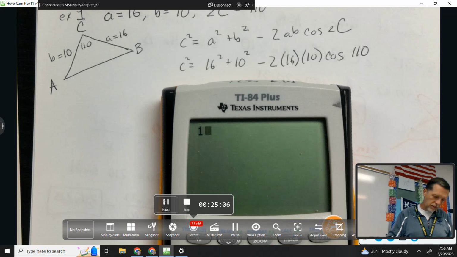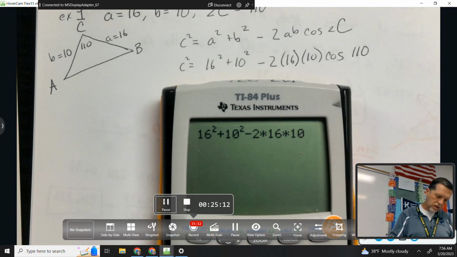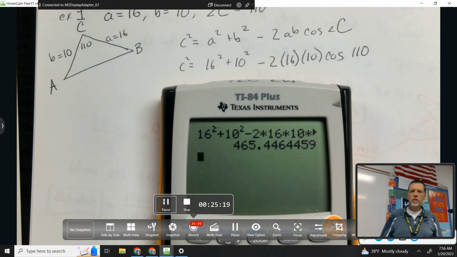16 squared plus 10 squared minus 2 times 16 times 10 times cosine of 110. 465? That doesn't seem right.